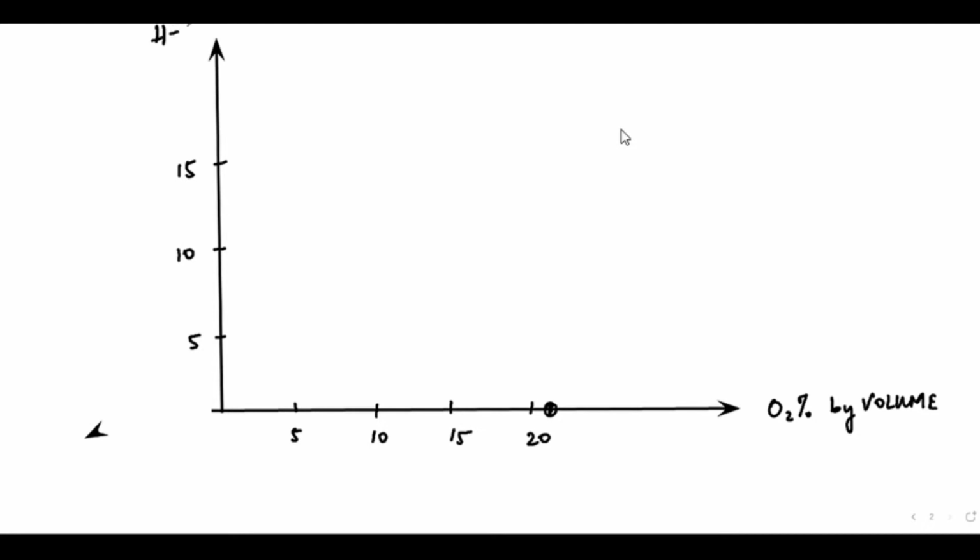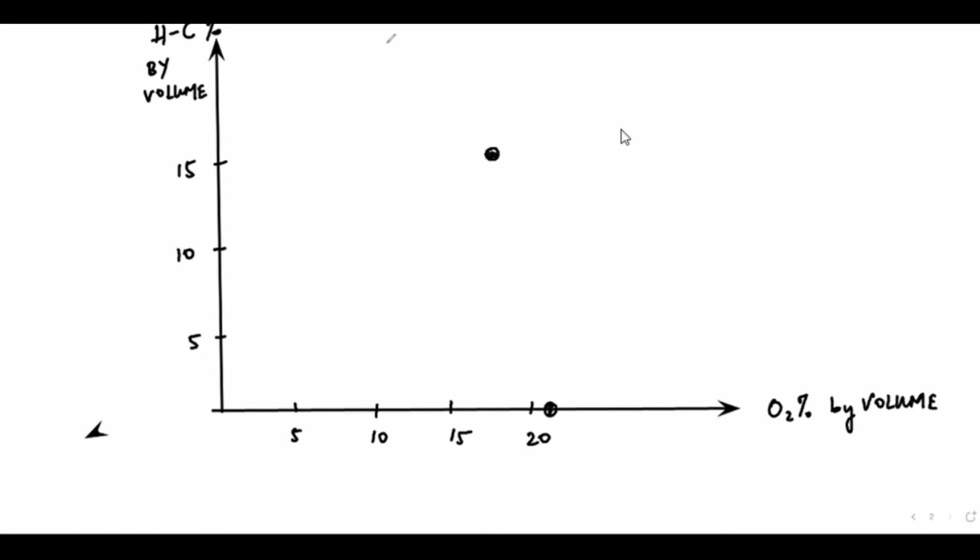This is hydrocarbon gases in percentage by volume. Now it has been found that if around 15 volume will be there for hydrocarbon, the percentage of oxygen will reduce to somewhere around 18.